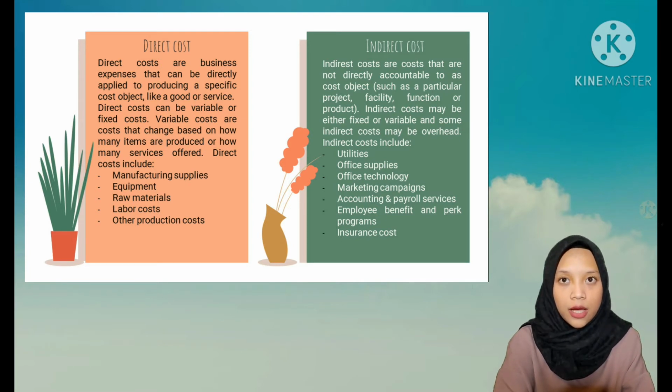Meanwhile, indirect costs are costs that are not directly accountable to cost objects, such as a particular project, facility, function, or product. The indirect costs include utilities, office supplies, office technology, marketing campaigns, employee benefit, accounting and payroll staff, and then insurance costs.